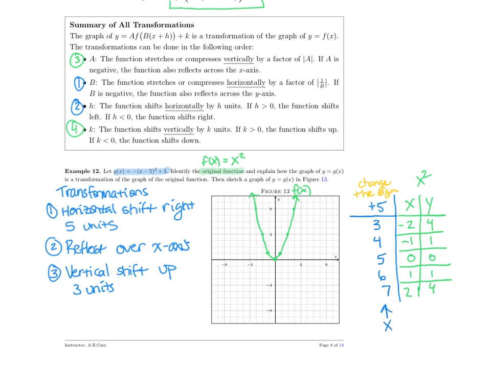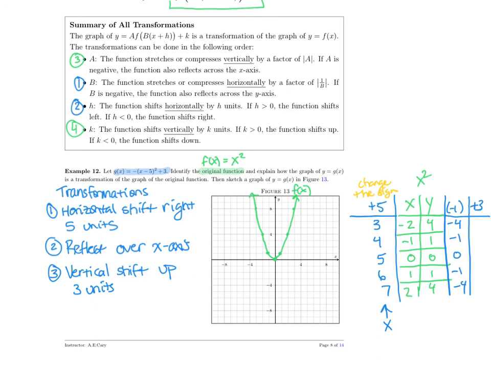And then for my y values, I have 2 things going on. First, I see a reflection, and that means we're going to take all of them, multiply them by -1. Ooh, I did not leave myself enough space. And then there's a vertical shift up 3, so I'm going to add 3 to each of those. So first, if I multiply everything by -1, that becomes -4, -1, 0, -1, -4.